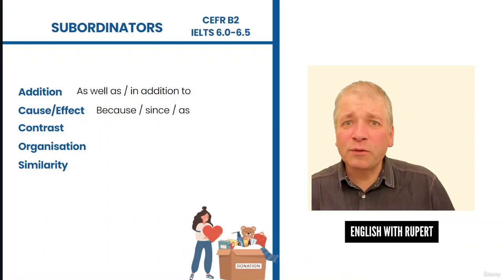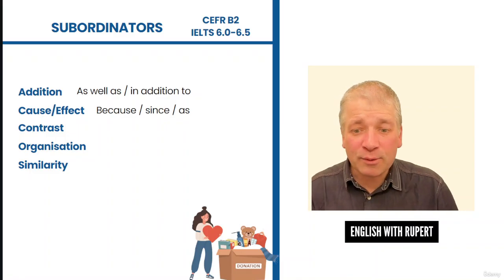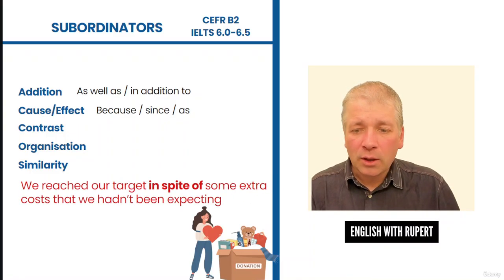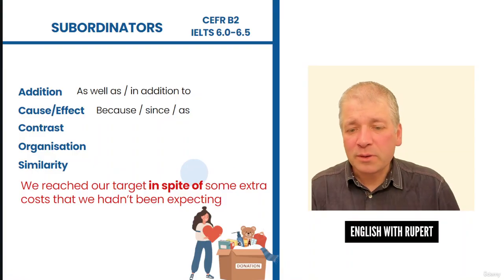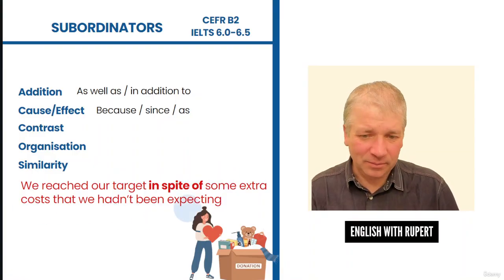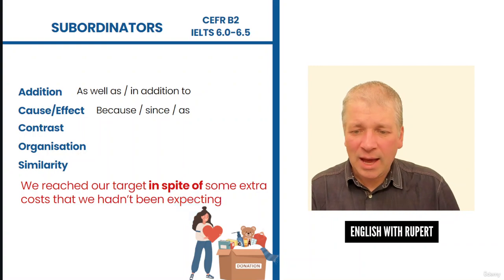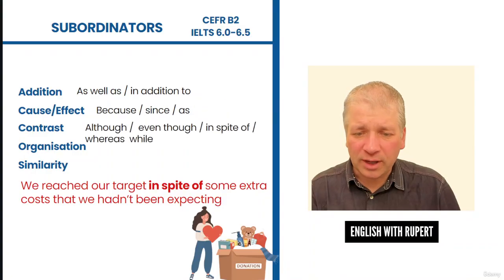There are lots of subordinators of contrast. Here's one. We reached our target in spite of some extra costs that we hadn't been expecting. And in spite of is a contrast subordinator.